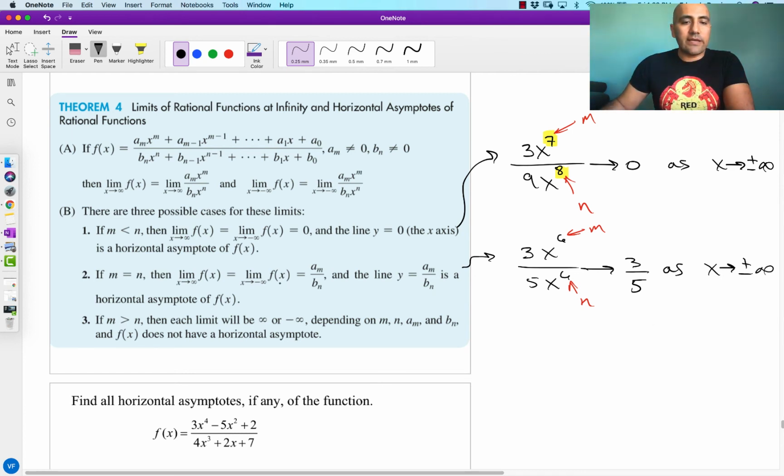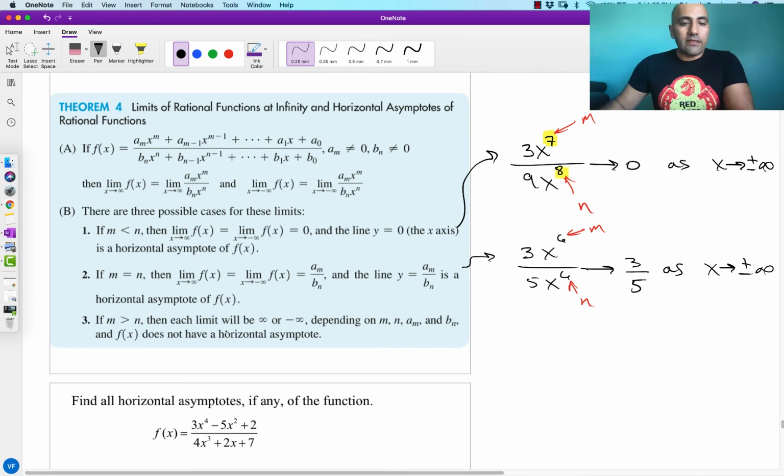Right? That's what this is saying. And so our function gets infinitely close to this number. This number becomes a horizontal asymptote. Y equals 3/5 in this case would be a horizontal asymptote. Our output values get infinitely close to that result.